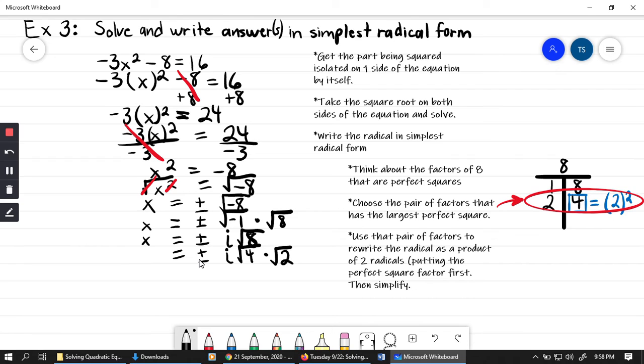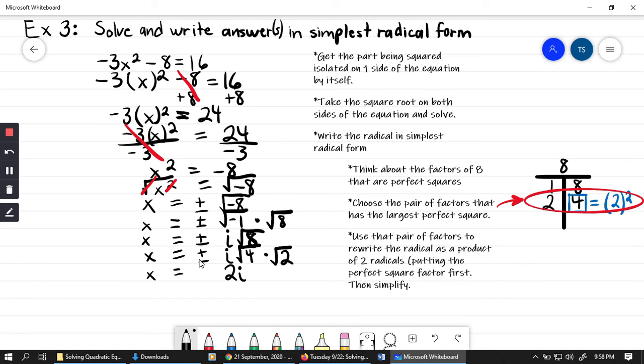Alright, so we've got this here, and now what we want to do is simplify. The square root of 4 can be simplified, of course, to 2. So since the square root of 4 is the same thing as 2, instead of having the square root of 4 written here, we're going to write 2i.